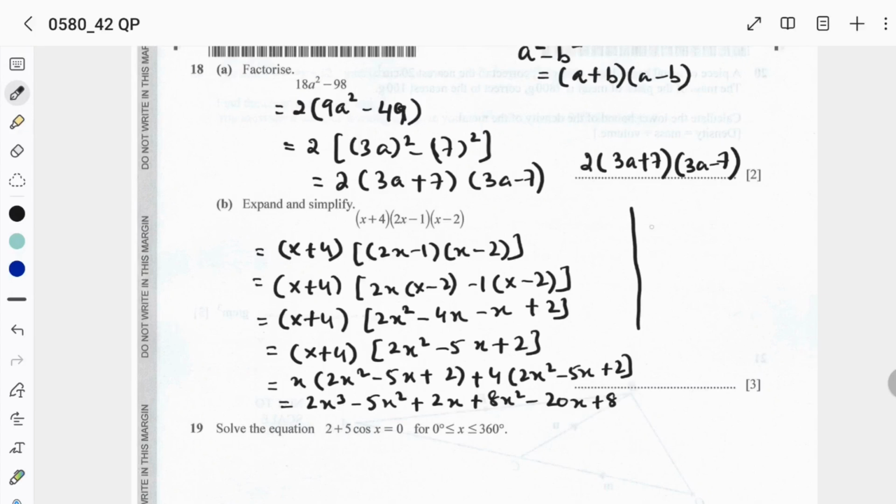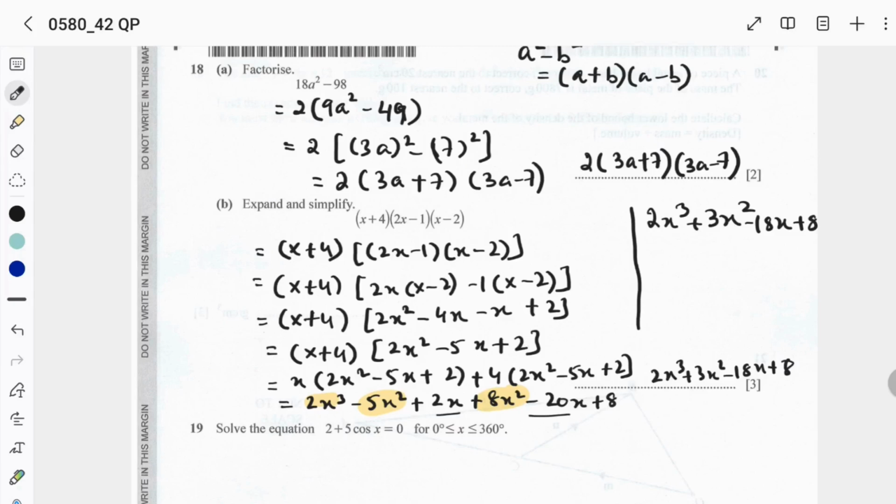So 2x cube, and you will simplify minus 5x square with 8x square. 2x cube, minus 5 plus 8 is plus 3x square, and now you will see 2x and minus 20 is minus 18x, and then in the constant number we just have 8. So this is the final answer. So that is 2x cube plus 3x square minus 18x plus 8.